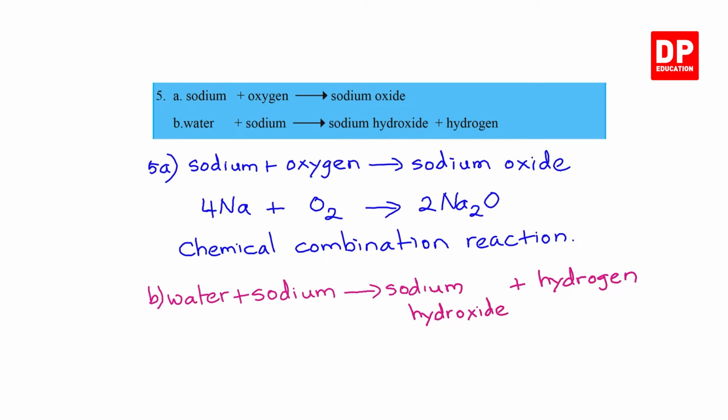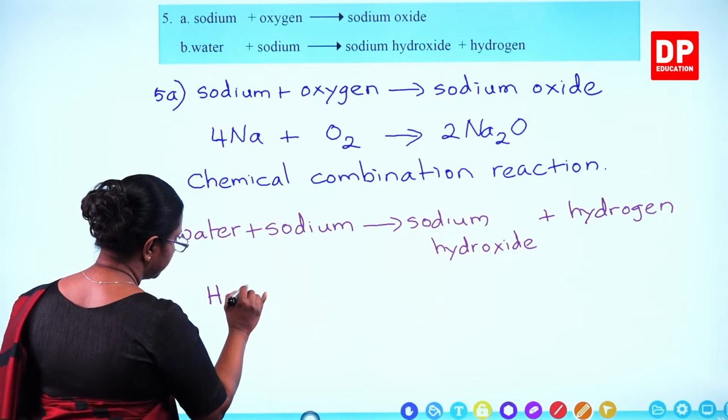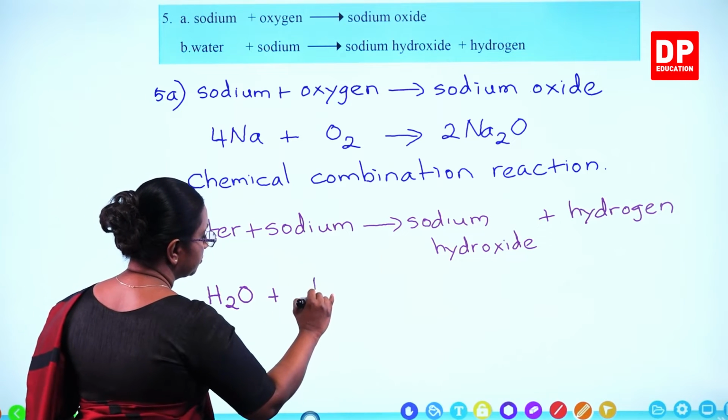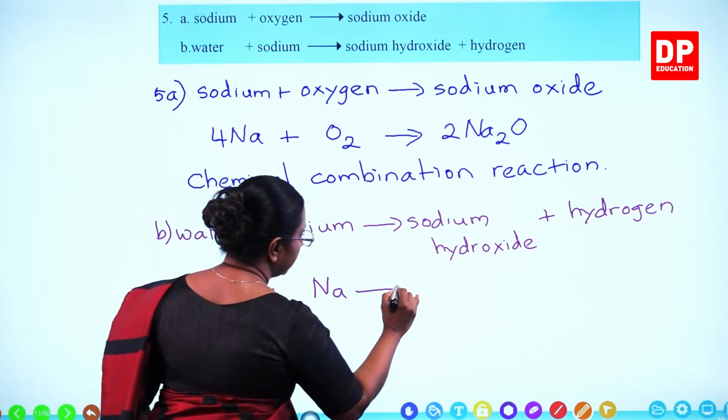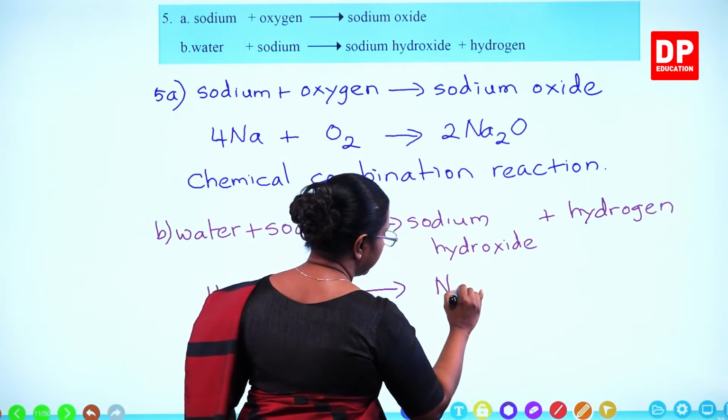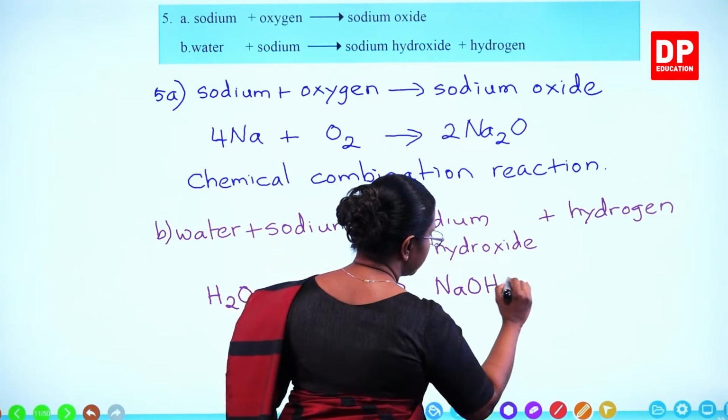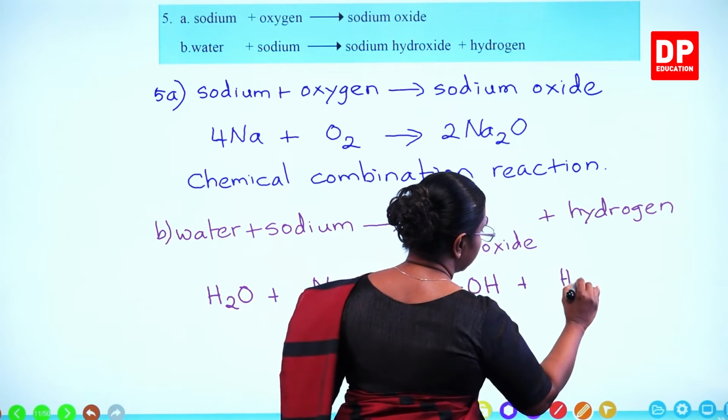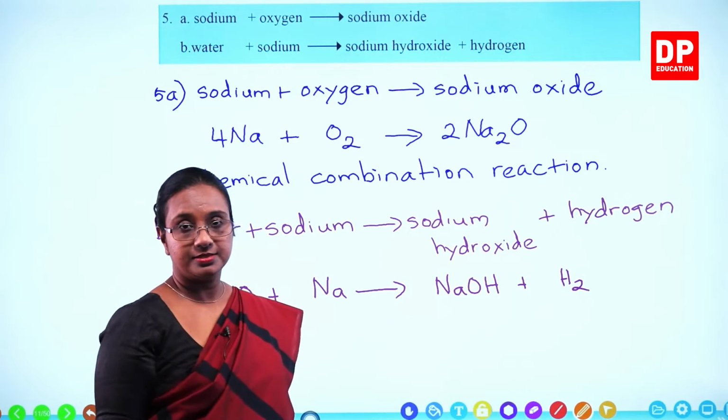So if we write the chemical formulae and the symbols, water H2O plus sodium Na gives rise to sodium hydroxide NaOH plus H2 hydrogen.